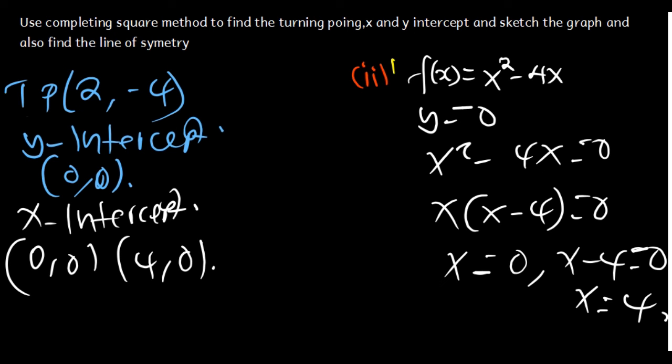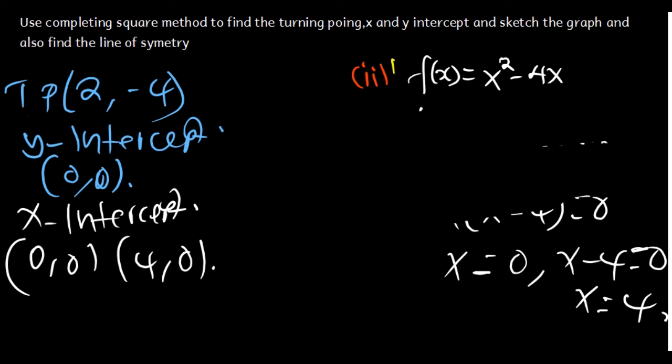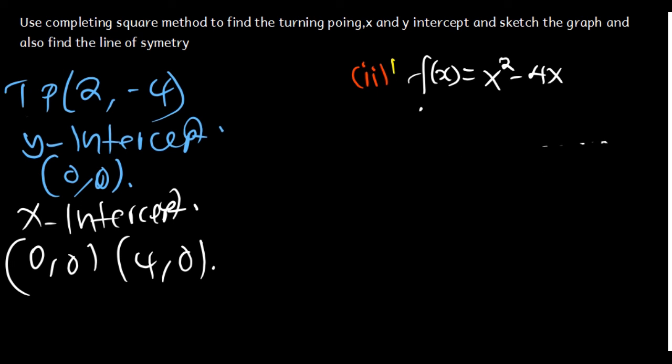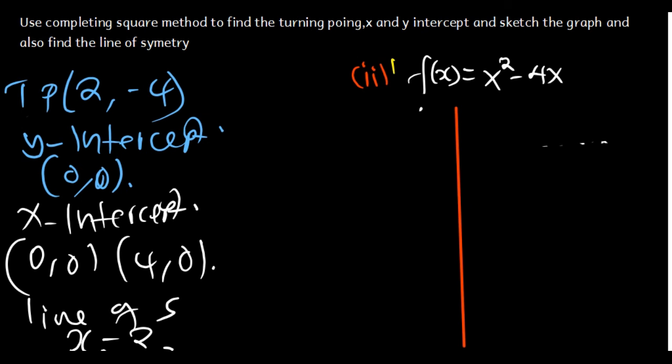After finding this, the line of symmetry, we know already that is going to be 2, because we have to set that one equal to 0. So the line of symmetry is going to be at x is equal to 2. So to sketch the graph now, we are going to see that this is going to be like this. Okay, let's put it this side.